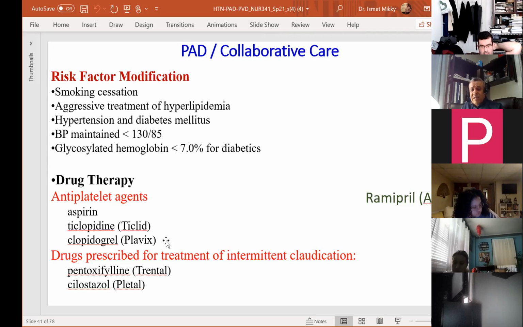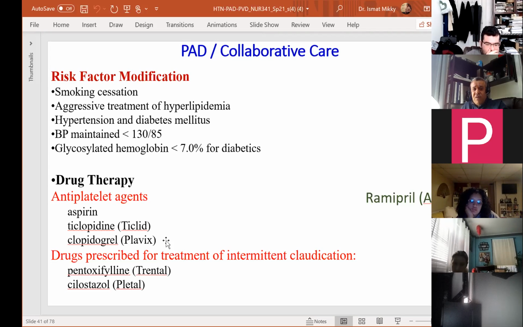If that doesn't work, or there is a need for an additional drug, then you will start with aspirin, Ticlid, Plavix. The most effective drugs. The patient might be taking two medications, like one antiplatelet and also a medication to treat the intermittent claudication, like Trental or Platal.